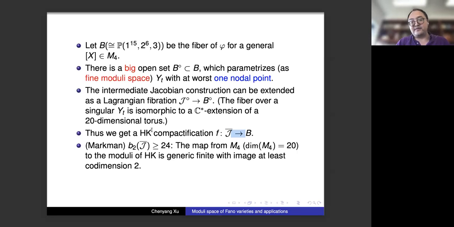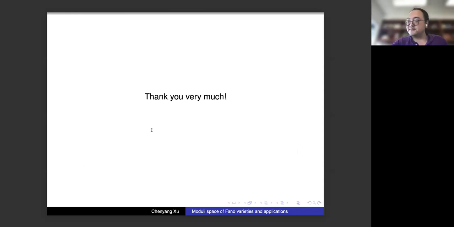So if you prove this image is surjective to this codimension 2 locus, together with what I just said at the beginning, you prove the second Betti number is precisely 24, and that we didn't treat in our paper. Thank you very much. Let me stop here.